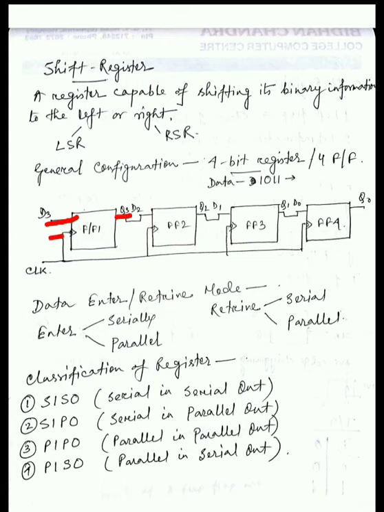For the next flip-flop, similarly, this is D2 input, Q2 output, clock; D1 input, Q1 output, clock; D0 input, Q0 output, clock. So each flip-flop has one input and one output, and we don't draw the complementary output here because we don't need it. We just have to show how it is configured in a register.